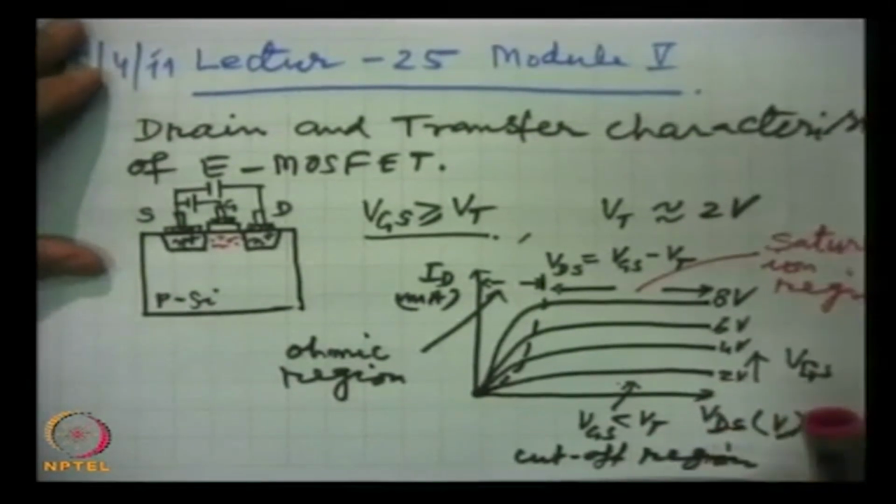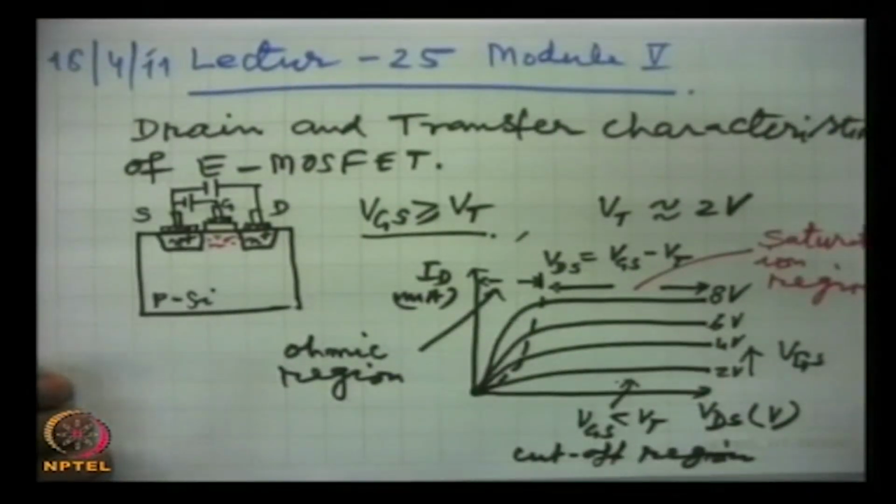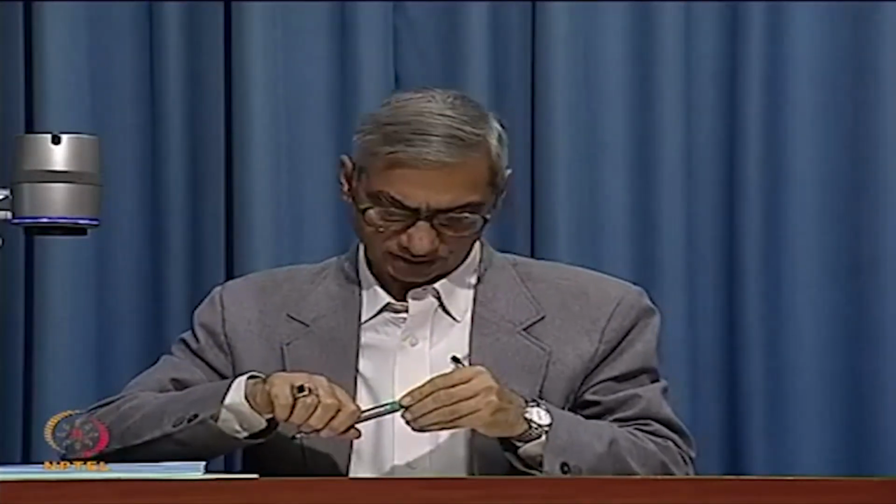Now, we will talk about these 3 regions one by one and show the behavior of the device under each characteristic. First, we take the ohmic region.